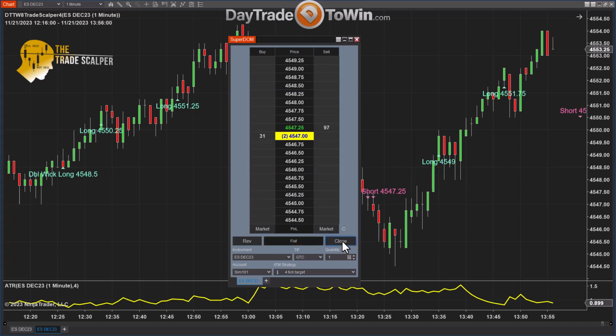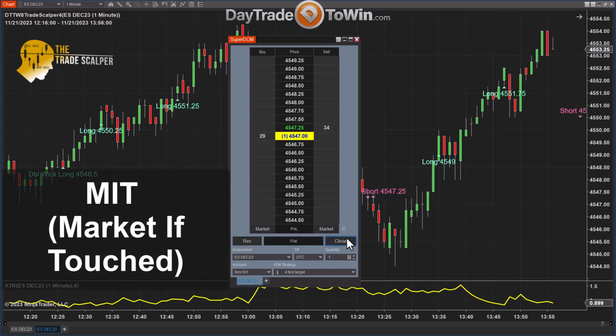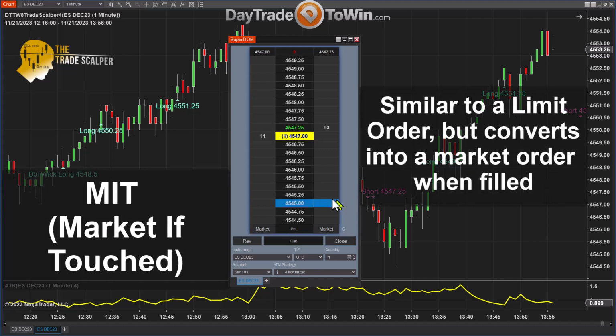Okay. One other order, which I think is important, I just thought of, is the market if touched. Market if touched is used like a limit order, but as soon as that price is touched, MIT, market if touched, it converts into a market.